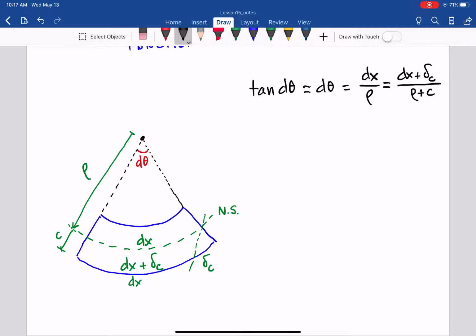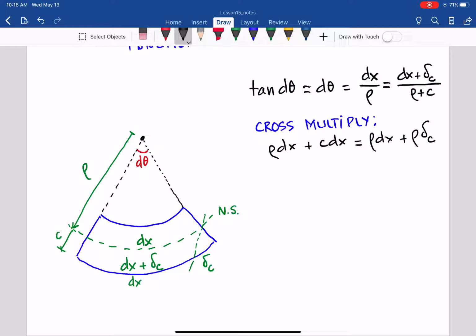If we cross multiply the last equation, what do we have? We have rho dx plus c dx equal to rho dx plus rho delta c.